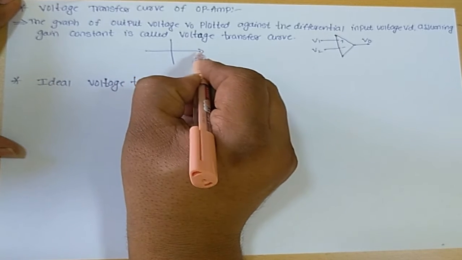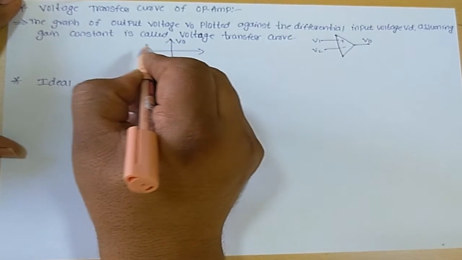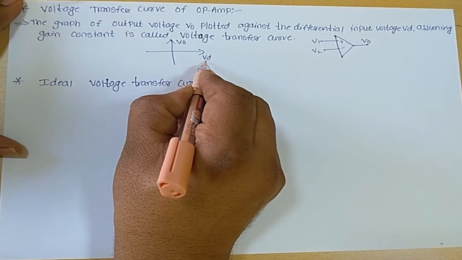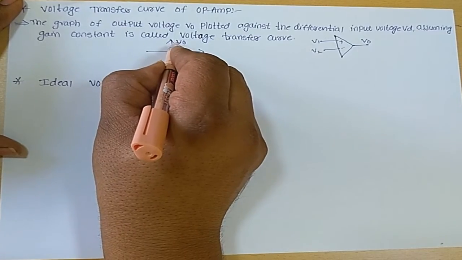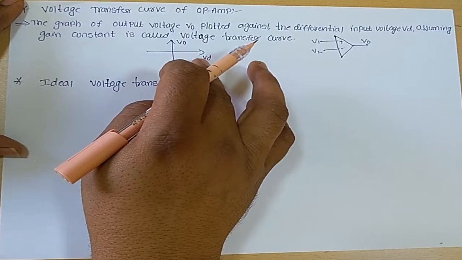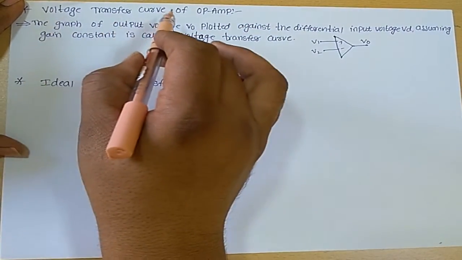In this graph, on the y-axis we consider the output voltage, and on the x-axis we consider the differential input voltage. With respect to this differential input voltage, we get the output. The graph between this output voltage and this differential voltage is called the voltage transfer curve.